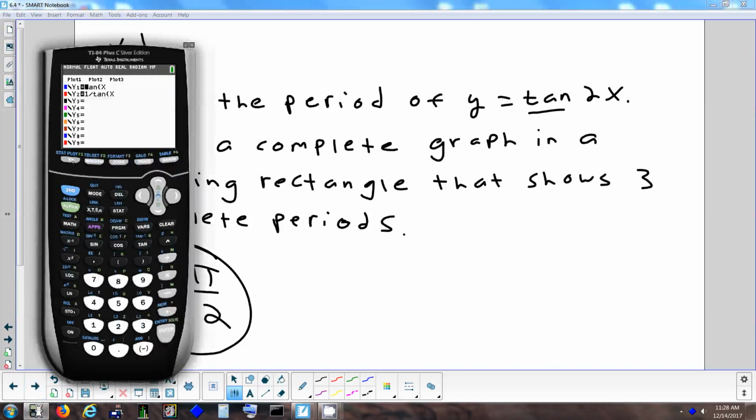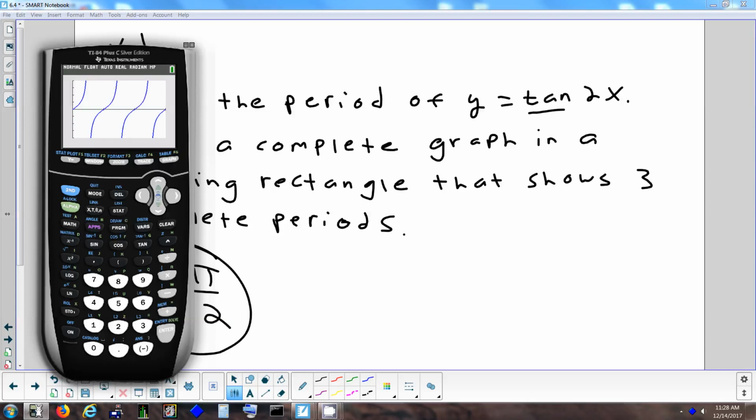And I have to type in tangent 2x, because that's my graph. And now I should see exactly 3 sections of tangent. Do I have 3 sections there?